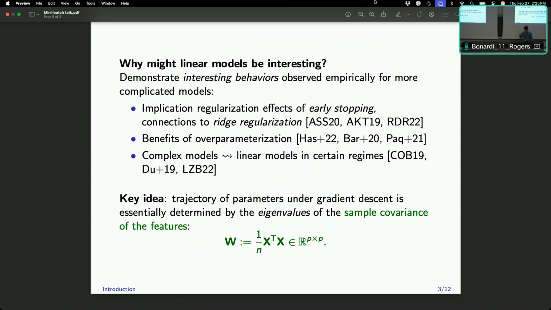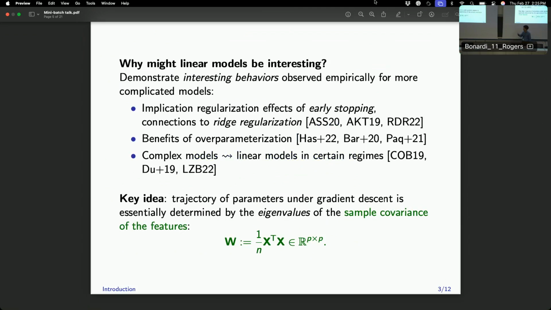And just a few words about why studying dynamics of gradient descent for linear models might be interesting. From a machine learning theory perspective, one of the key questions is to understand the implicit biases for algorithms used to train not linear models, but more complicated models. So think of neural networks.